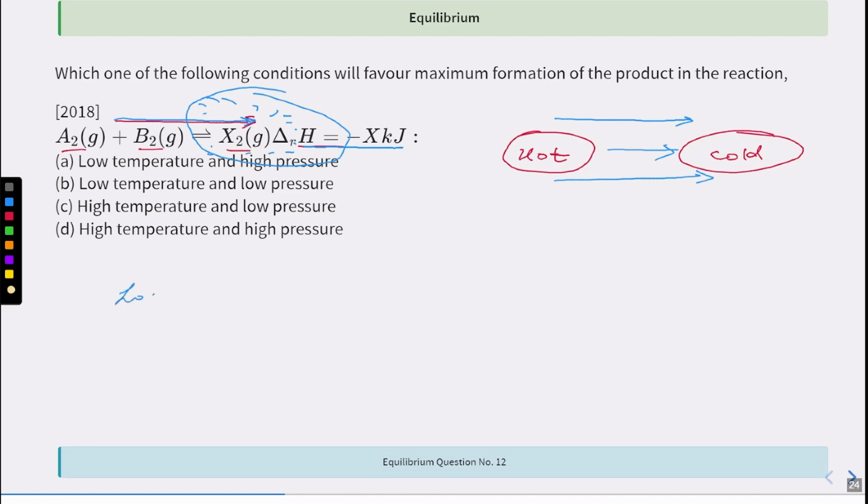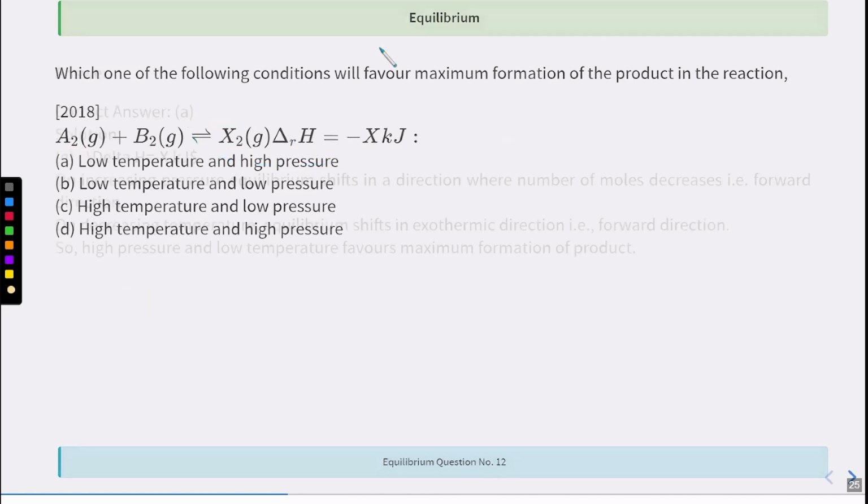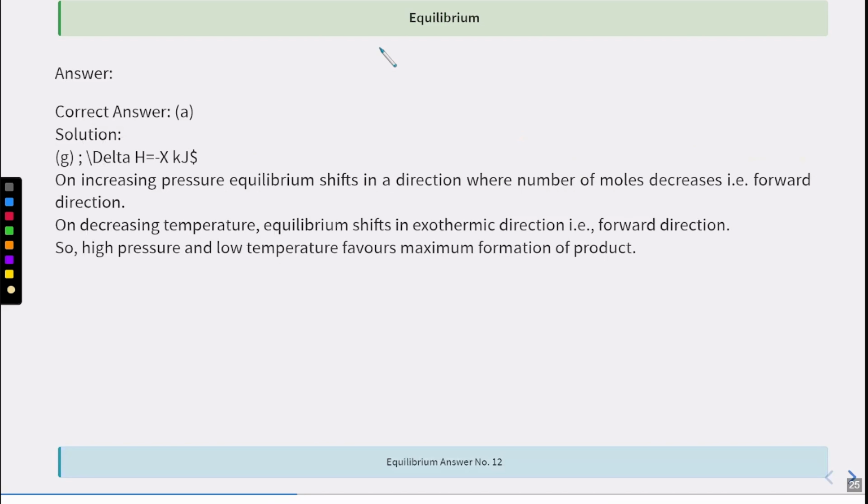So obviously it just becomes a low temperature thing. And obviously decreasing temperature will shift the reaction in the exothermic direction. That is the forward direction. That is what exactly is written over here. Talking about the pressure, pressure will obviously shift in the direction where the number of moles is less.